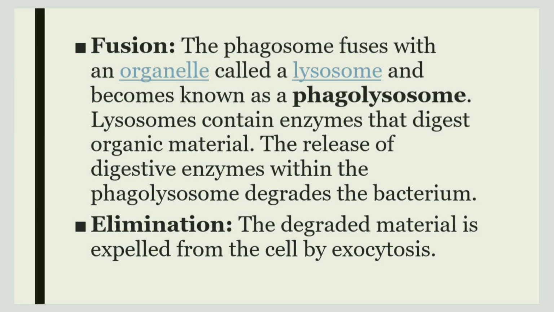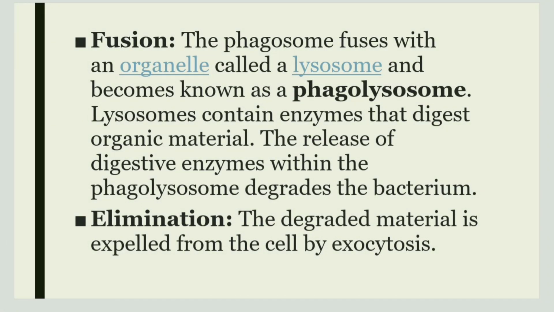The next step is fusion. When the phagosome reaches inside the cell, it fuses with some organelle. For example, it fuses with lysosomes mostly. When it fuses with a lysosome, it is known as a phagolysosome.